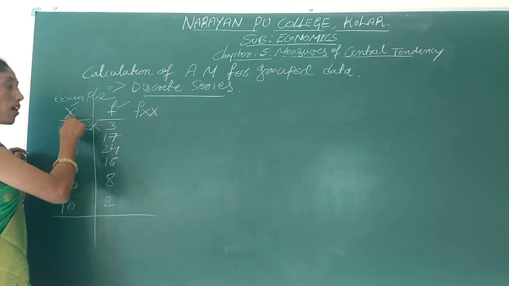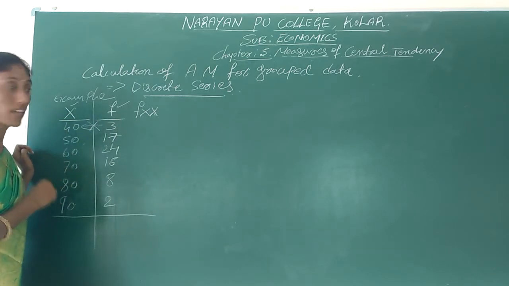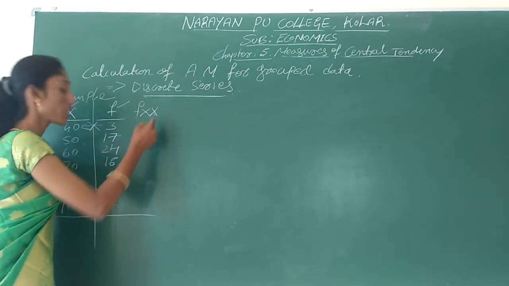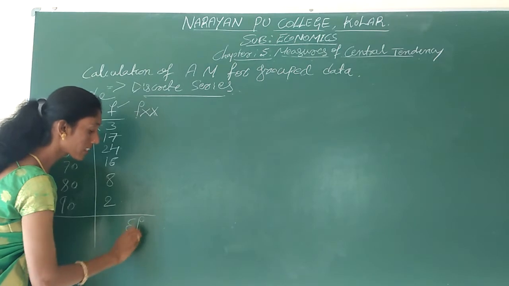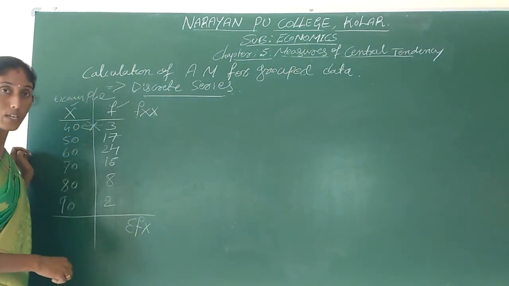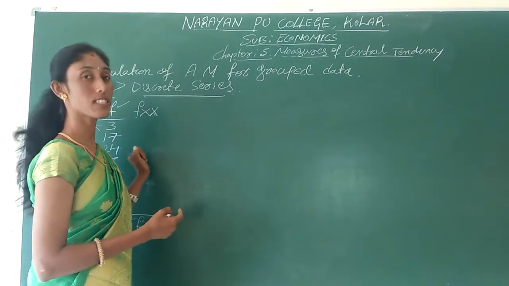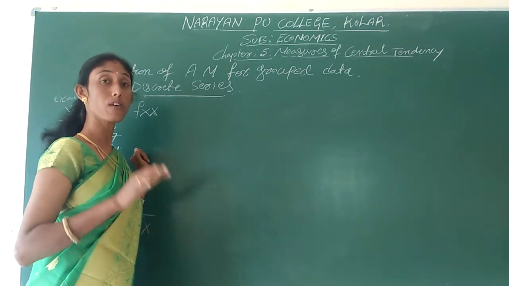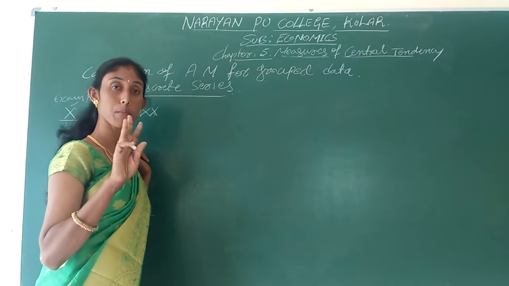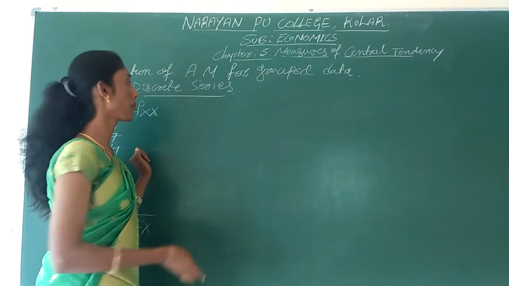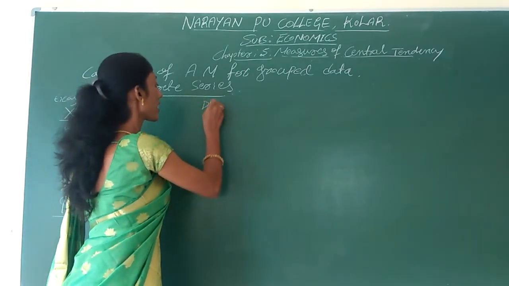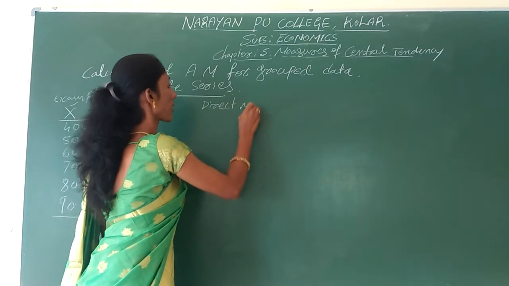By adding the frequency into observation, we will get sigma fx. We have three methods to calculate arithmetic mean, and the first is the direct method.